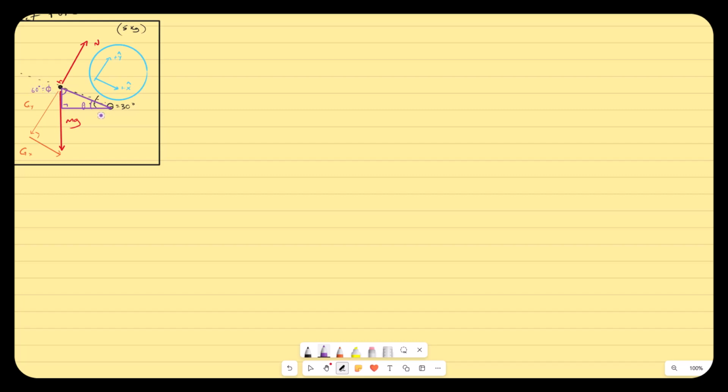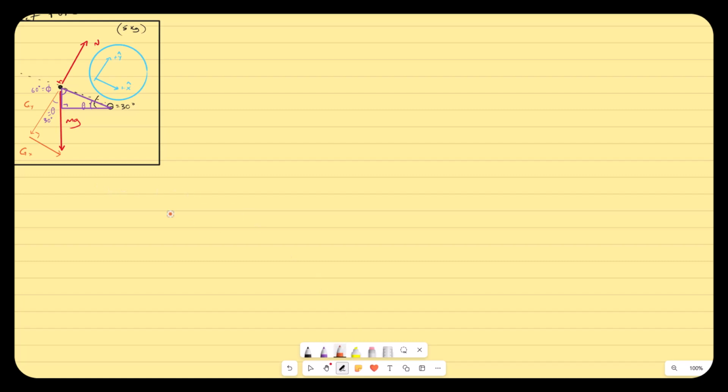It's what's left over from 90. Now from the ramp to the y direction, that whole thing is 90 degrees, so this little angle plus this piece has to be 90, which means this piece in here is going to have to be theta, 30 degrees again. This one has to be 30 degrees.